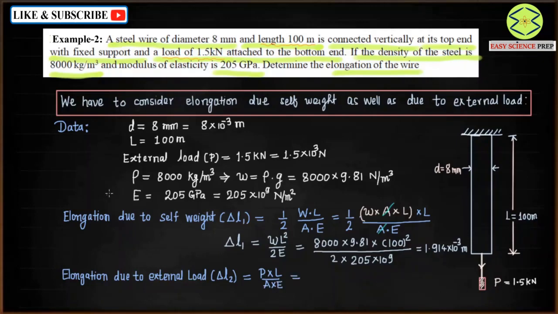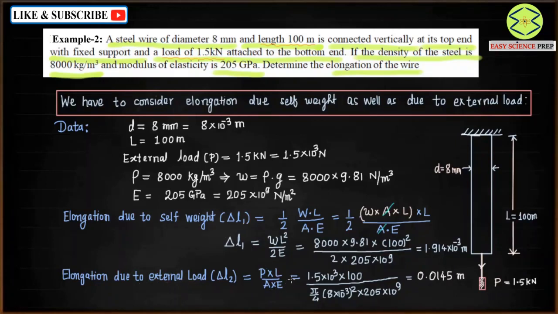The load is the external load they have given, 1.5 into 10 raised to 3 newtons. The original length is 100 meters, divided by the area of cross section, which is pi by 4 d square, into E, which is 205 into 10 raised to 9. This value will be 0.0145 meters.